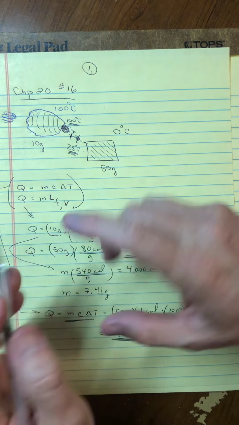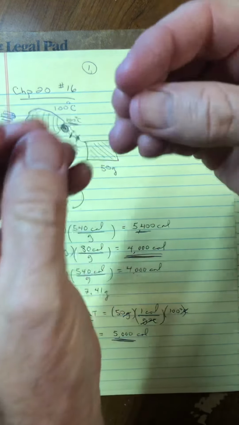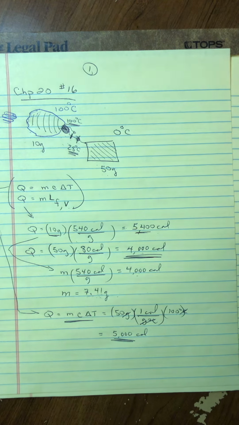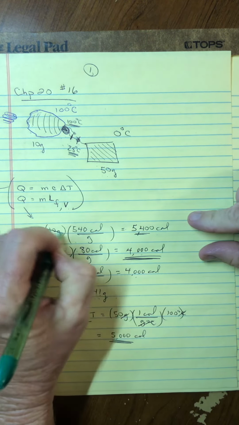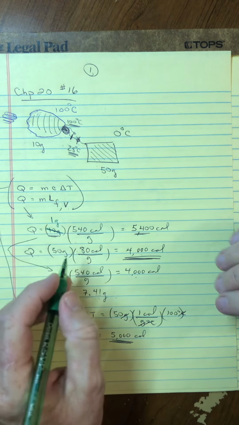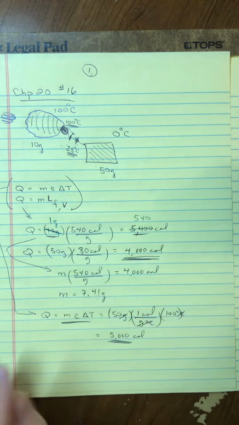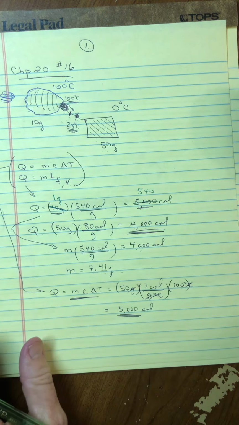Back here, we said, okay, well, how much energy would be given off by that steam as it condensed? Let me not do the whole calculation again, but let me just change this to 1 gram. It's 10 times smaller, so that's going to be 540.